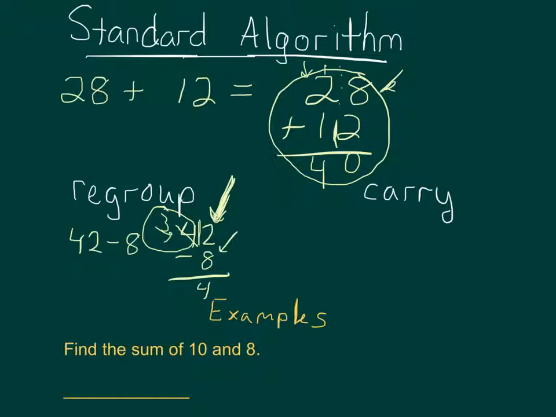So regrouping is taking 1 away from here and putting it here. Okay? Now carrying is when you're adding. It's like the opposite of the regrouping. So if you were doing 42 plus 8, 8 plus 2 is 10. You cannot put 10 right there. You can only put 1 digit there. So you have to carry the 1 and only write the 0 there.